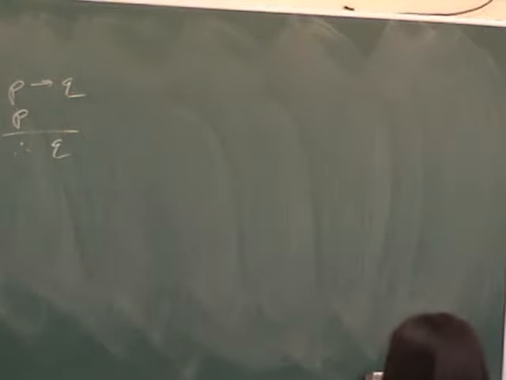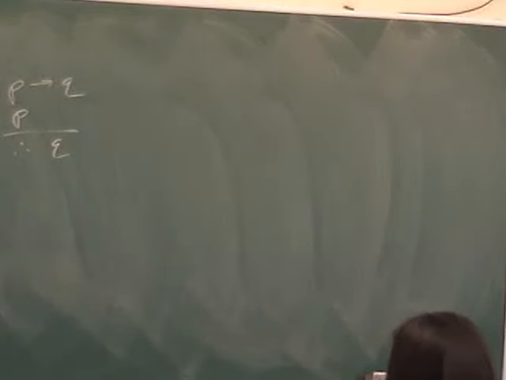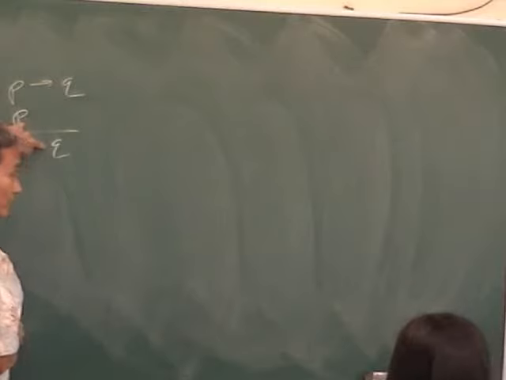Now, what is an indirect proof? This is a very famous way to prove things in mathematics. Remember, what is a valid argument? If this is true and this is true, this will be true.